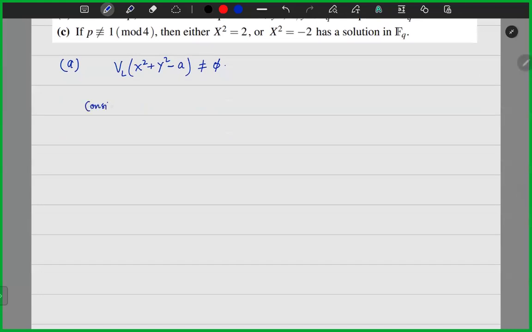Consider the map from F_q star to F_q star, x goes to x power q minus 1 by 2.